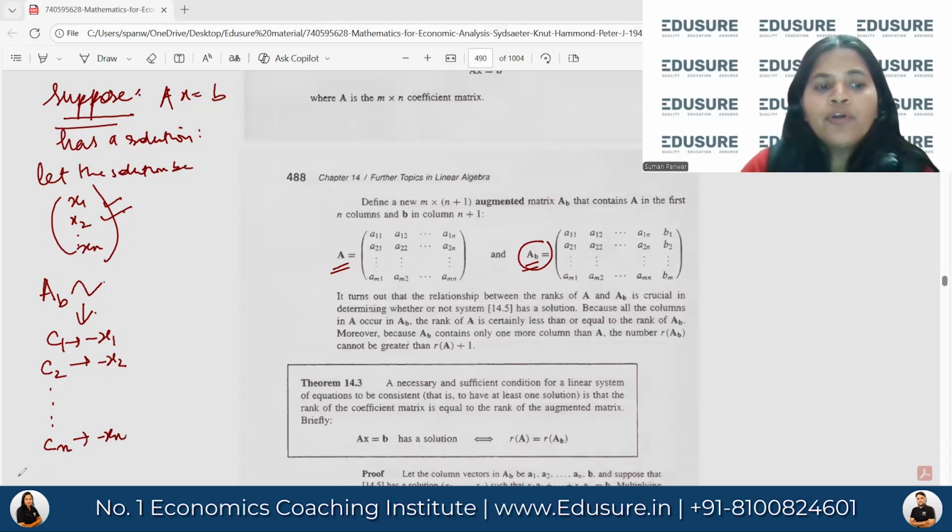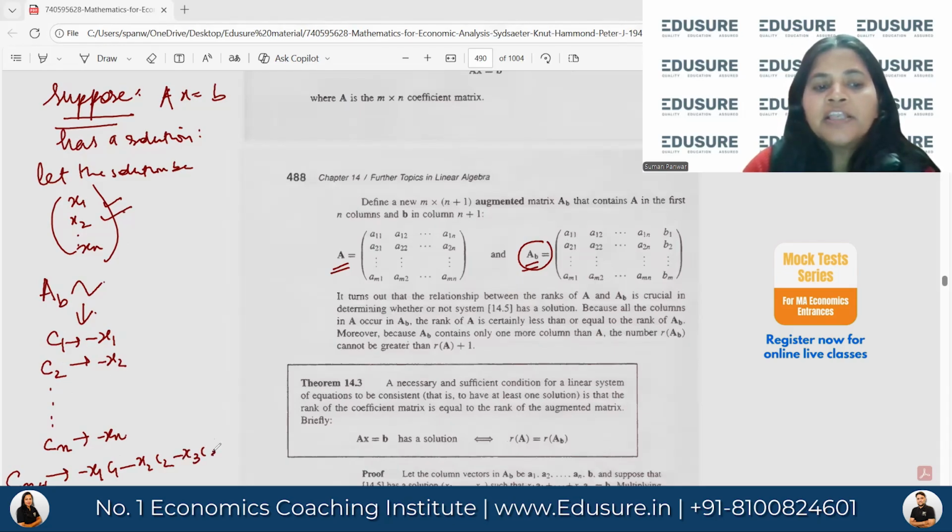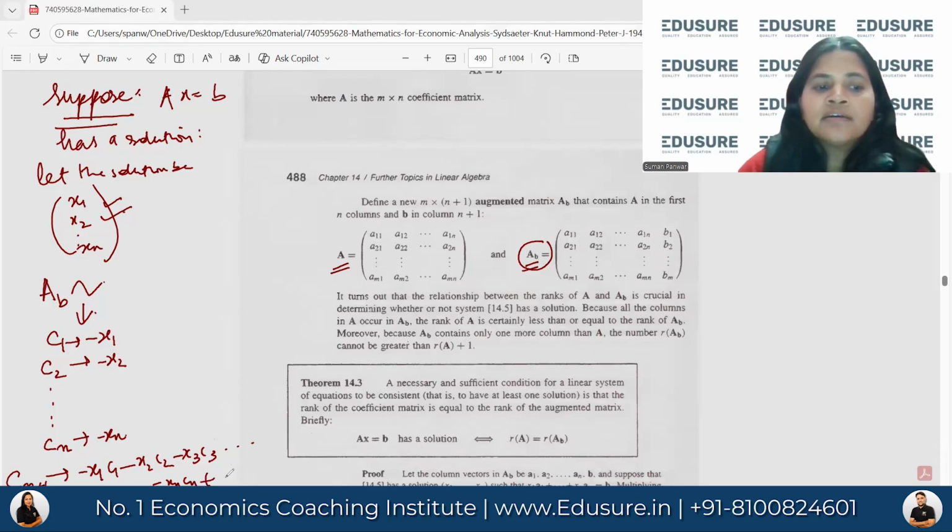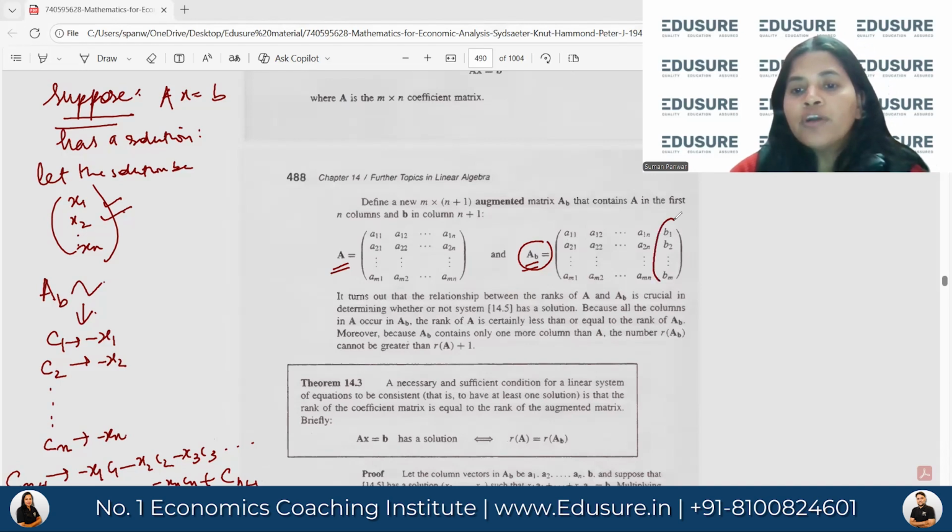Then I am going to do C(n+1) goes to minus x1 C1 minus x2 C2 minus x3 C3 minus xn Cn plus C(n+1). So to the last column, I'm adding a linear combination: multiplying this by minus x1, this by minus x2, this by minus xn, then adding, and then adding with b1.